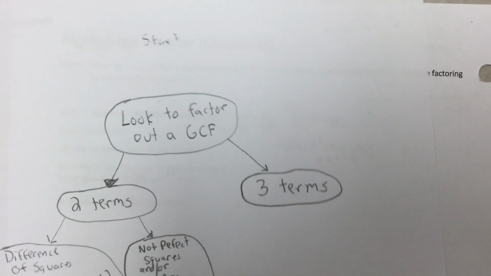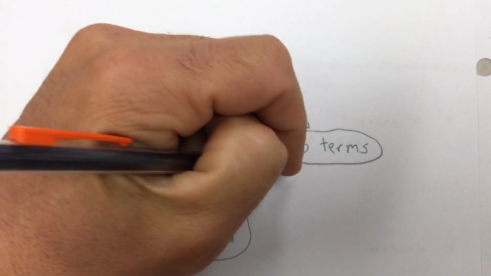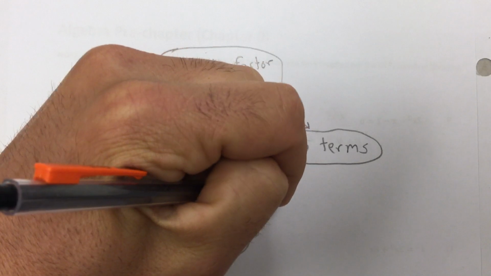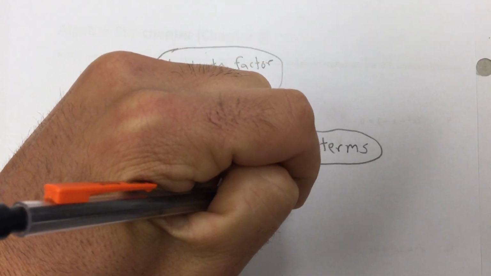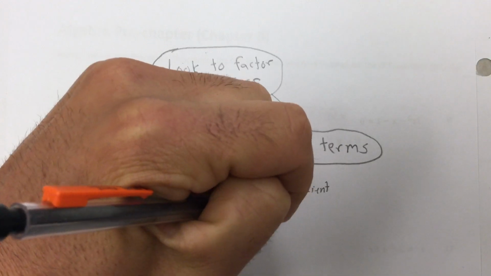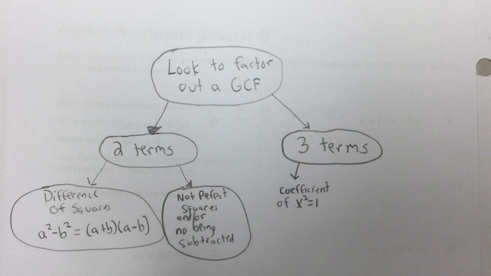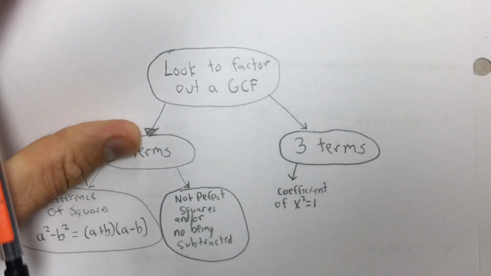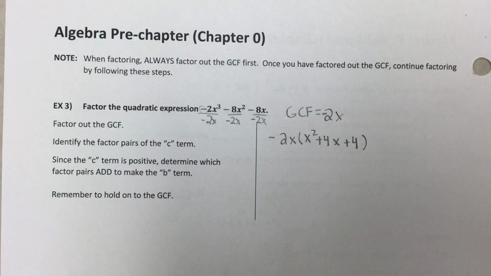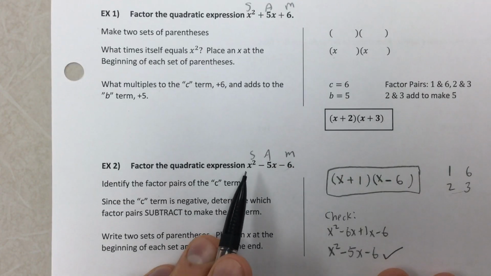All right. And this is where the next thing comes into play. So if you get your flow chart out, we're going to say the coefficient of x squared being equal to 1. Coefficient means the number in front of x squared. So all these ones that we were doing so far, the coefficient, the number in front, is a 1.